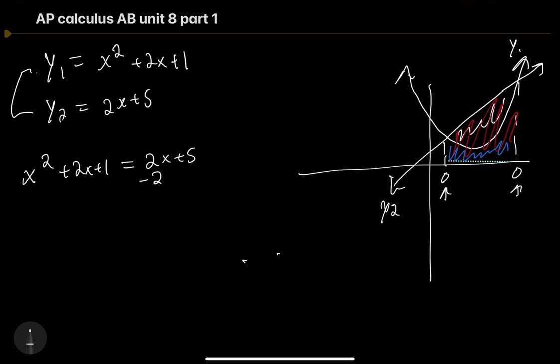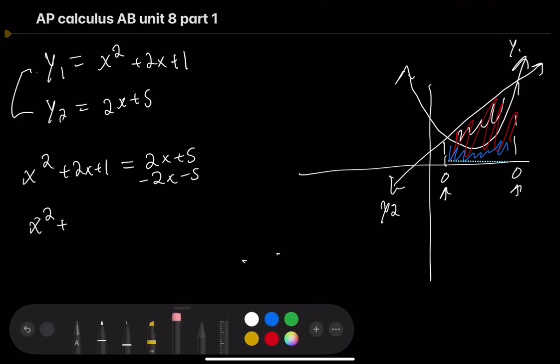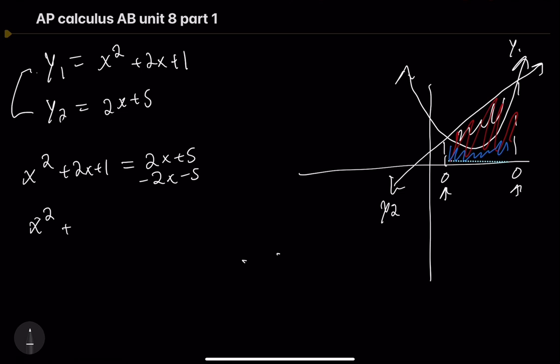So we'll minus 2x minus 5, and I'll put it all on one side. These will cancel out, so it'll be plus 2x minus 2x plus 1 minus 5, and this will end up giving us x squared.